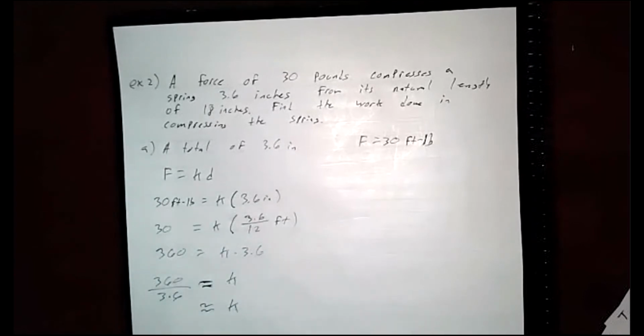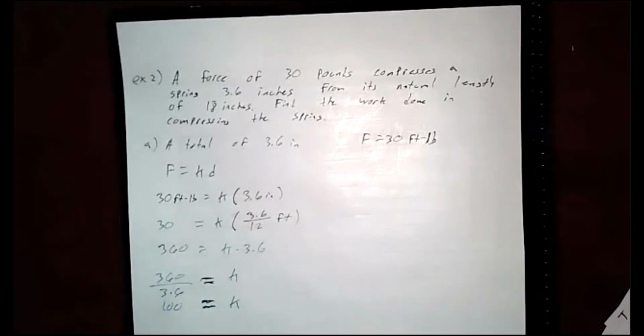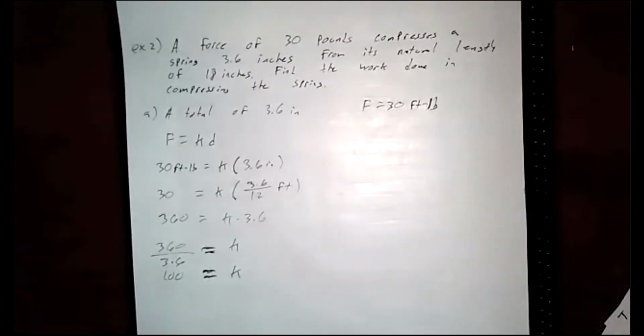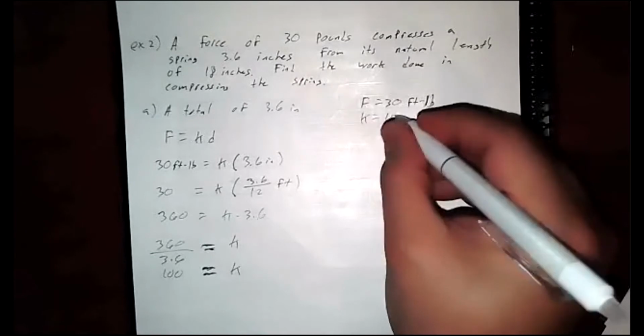But once we divide it, it will be approximate. Well, actually, no, it's actually still exact. Cool. So we got our spring constant, 100. And since we're going to be using the same spring for part A and part B, K should not change. So K, the constant of proportionality, or the spring constant, is 100.